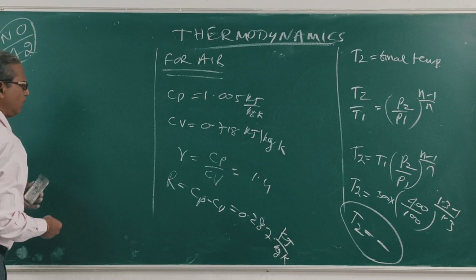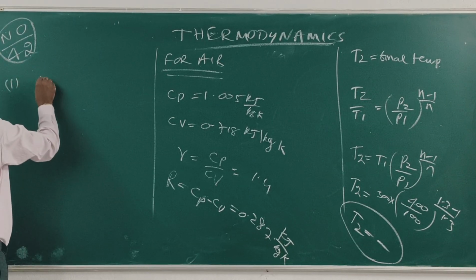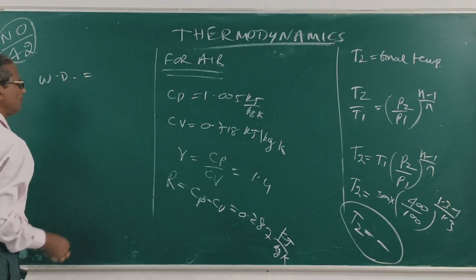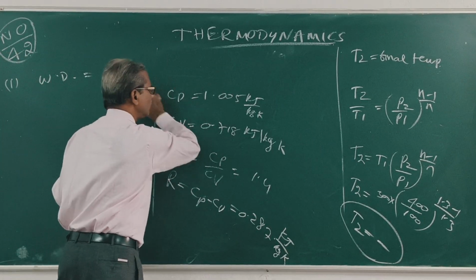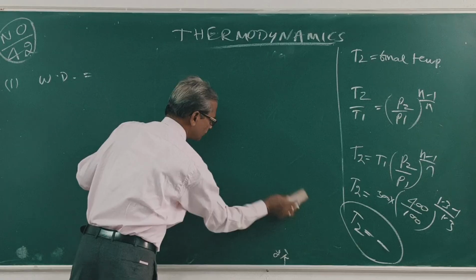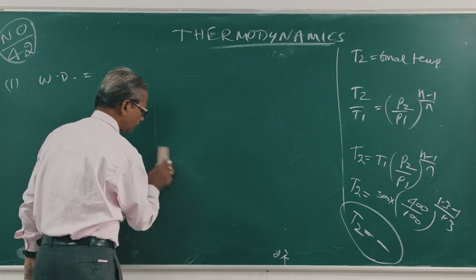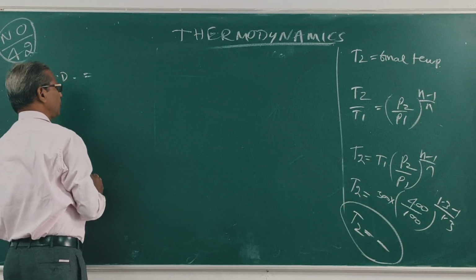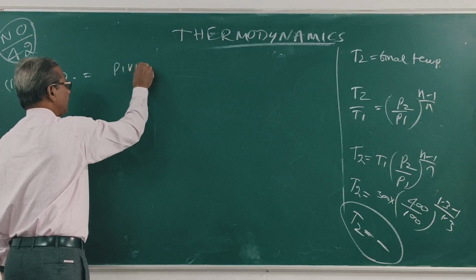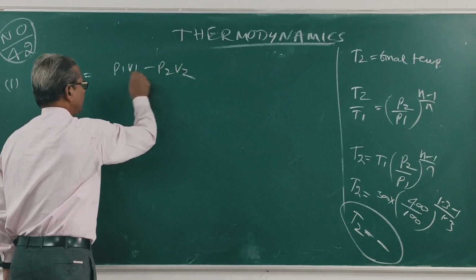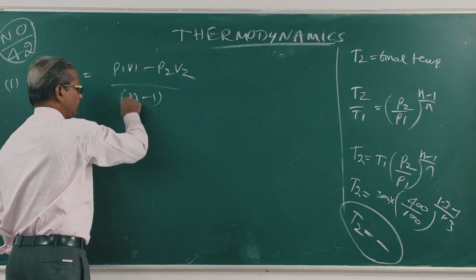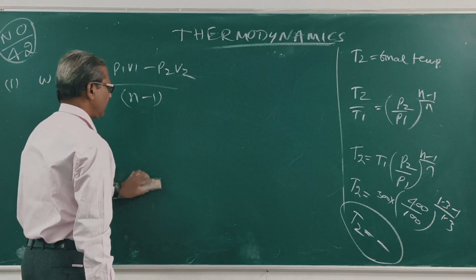Now, number one, work done. What is work done equal to? P1V1 minus P2V2 by n minus 1. Clear?